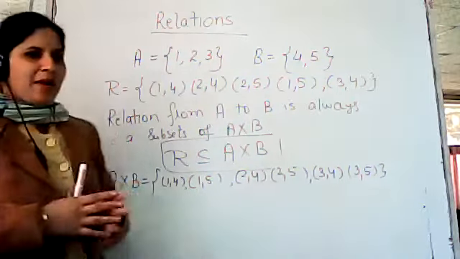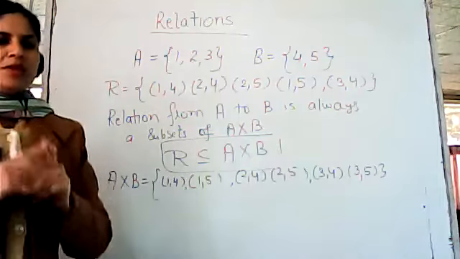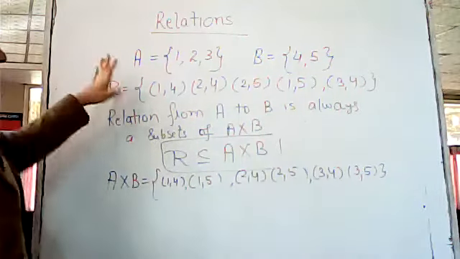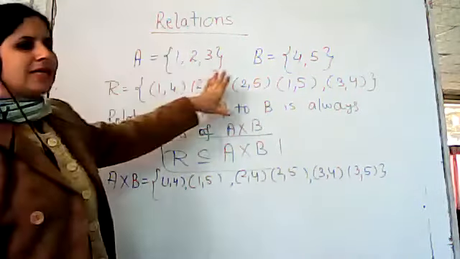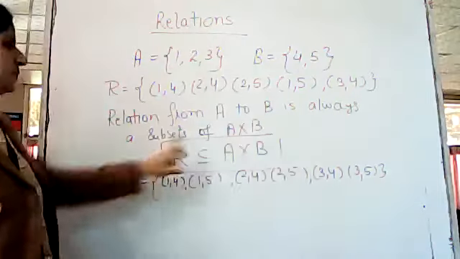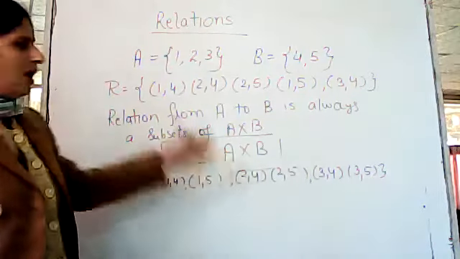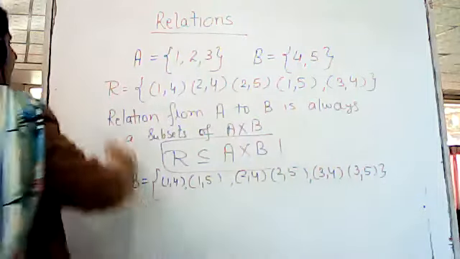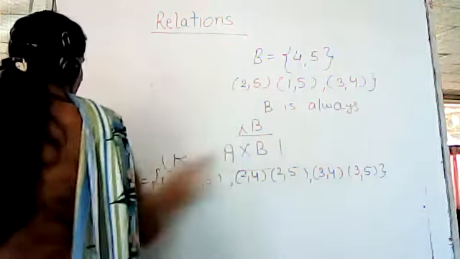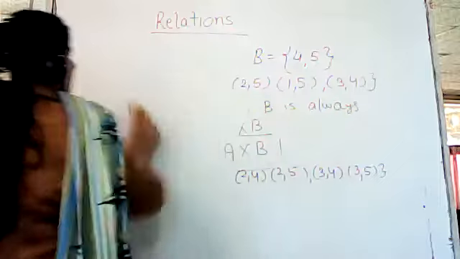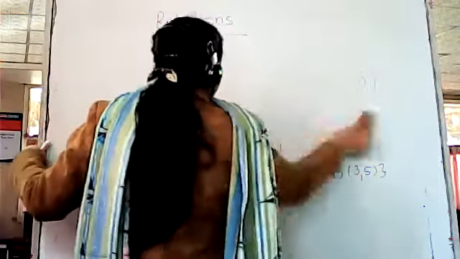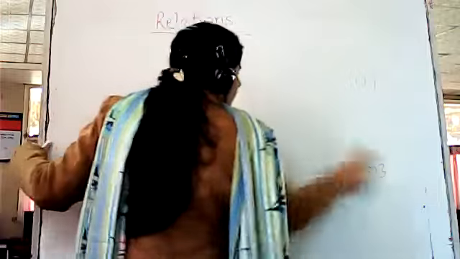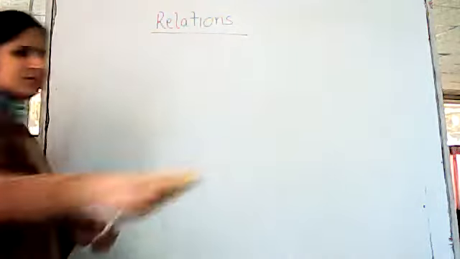So you have to remember only the most important point, that is the relation on any sets is always a subset of their Cartesian product. Also, we can understand this definition with the help of an arrow diagram.